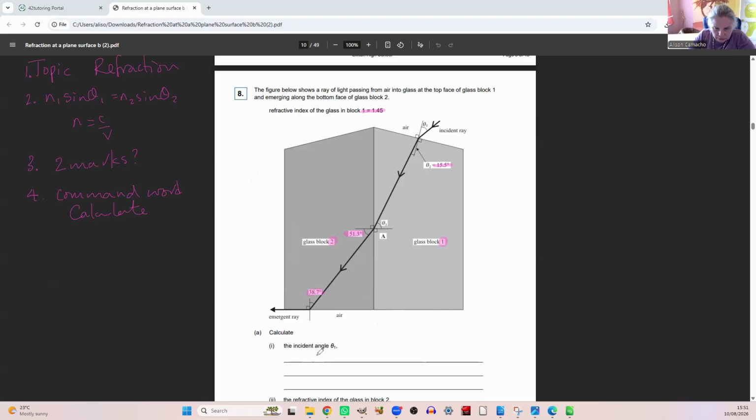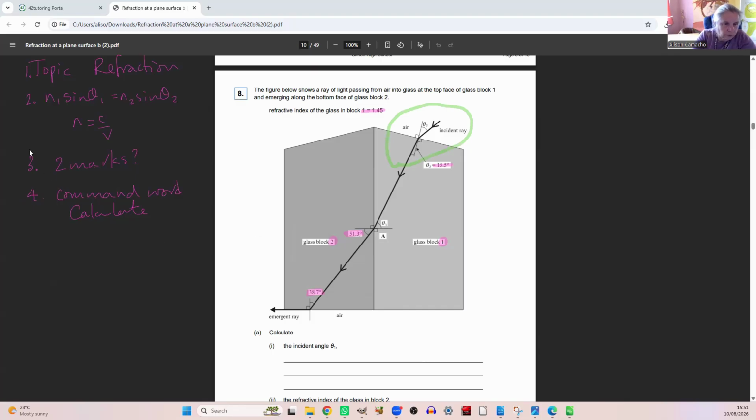Right, it says calculate the incident angle theta 1. So calculate the incident angle theta 1. If we're going to calculate the incident angle theta 1, then we're dealing with this refraction.